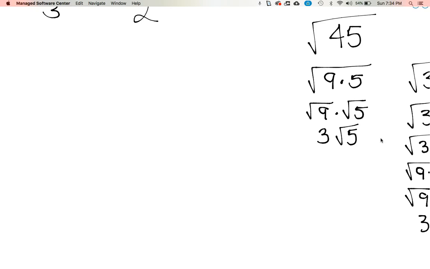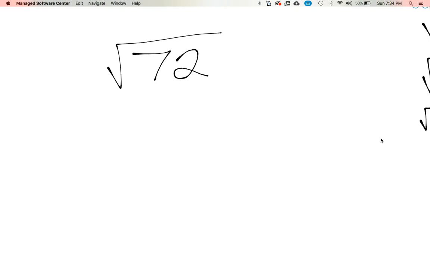Let's do one coming up here. The square root of 72. Now, 9 might be jumping out in your head. 9 times 8.